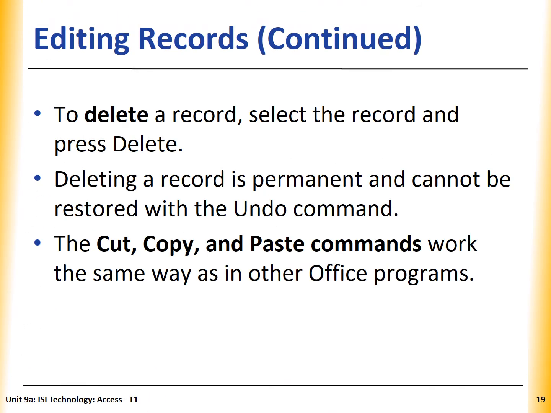To delete a record, select the record and press Delete. Deleting a record is permanent, so pay attention before using this one, and it cannot be restored with the Undo command. The cut, copy, and paste commands work the same way as in other Office programs.